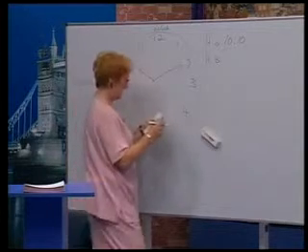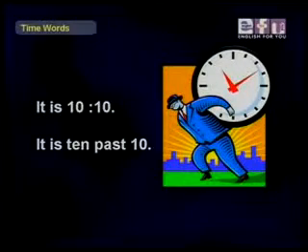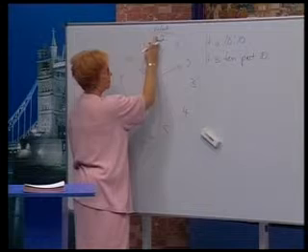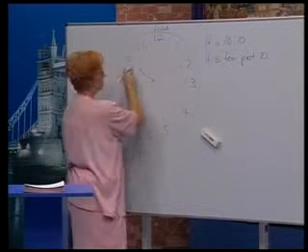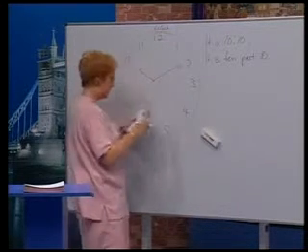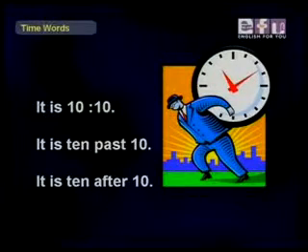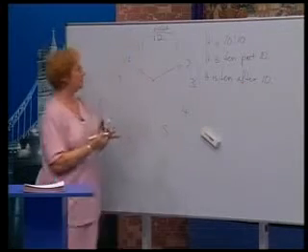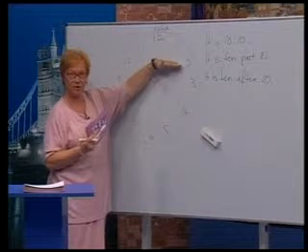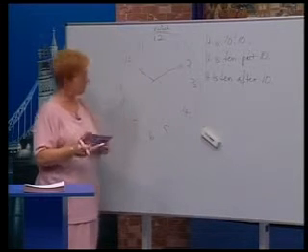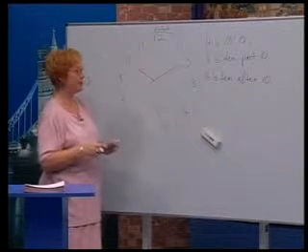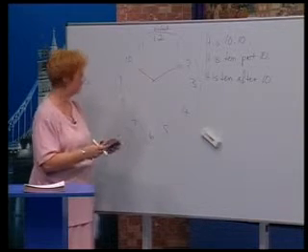Or we can say it is 10 past 10, or it is 10 after 10. All right? It is 10:10, it is 10 past 10, it is 10 after 10.